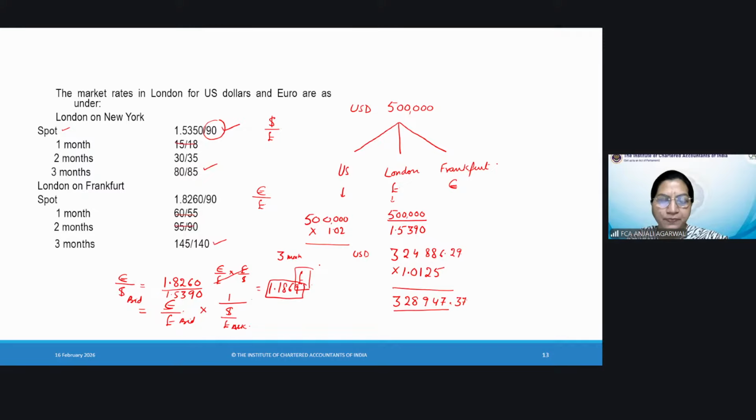Okay. So $500,000 will give 500,000 into 1.1869.